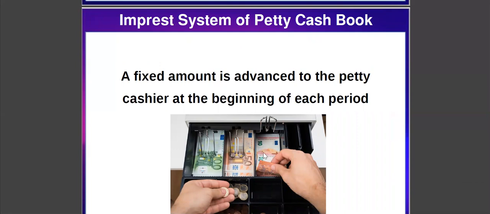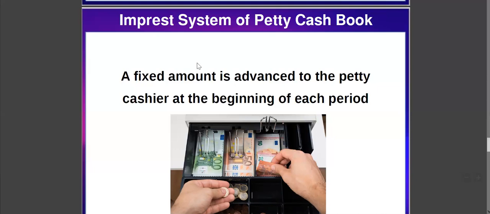See the picture, you can easily identify why the petty cash book is used here: coins, and notes of 10 rupees, 50 rupees, 100 rupees. For this purpose only we use the petty cash book.